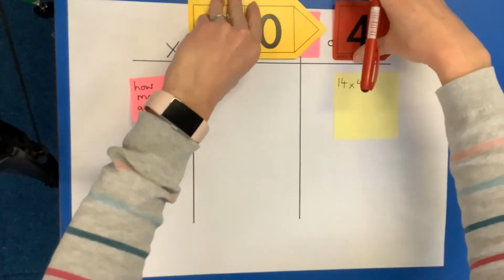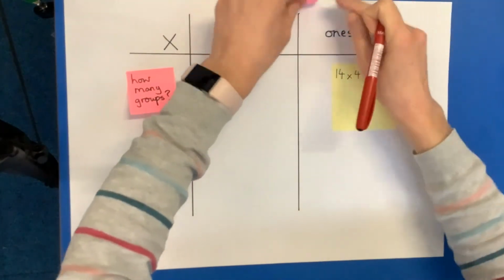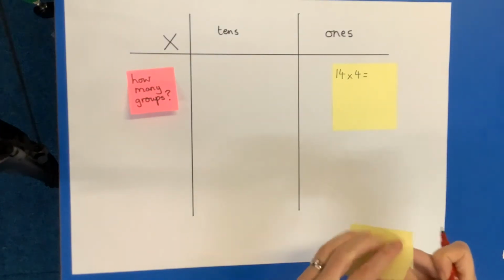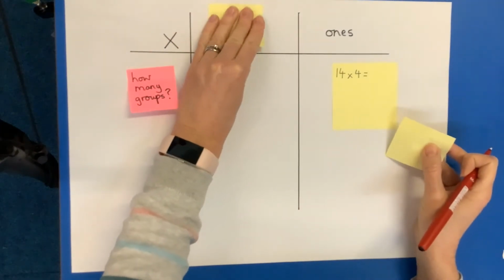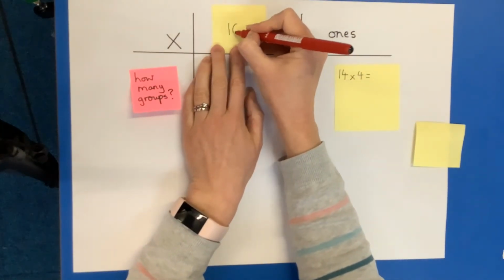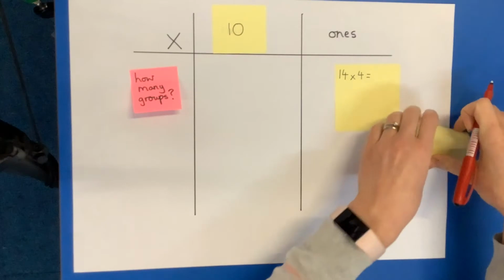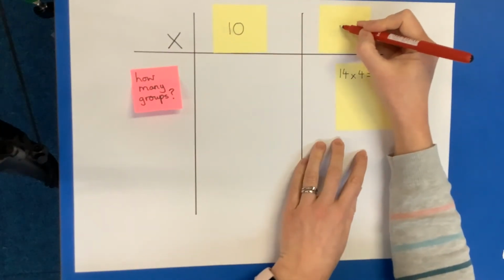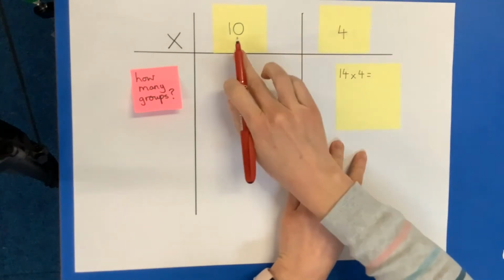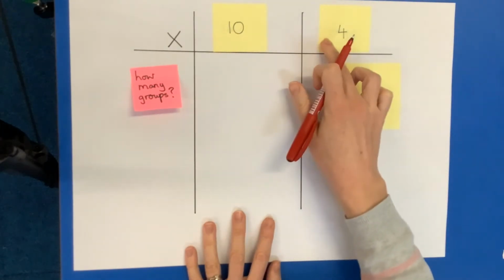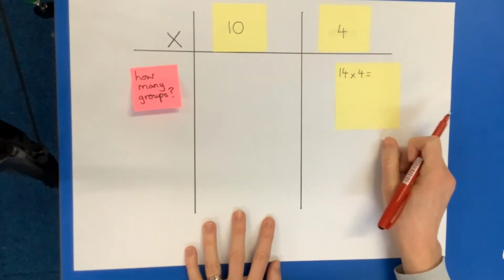So what we're actually going to do is put that into those columns. So instead of just putting a 1 to show that it's 10, I'm going to really clearly show that in that column I'm going to have 10, and in this column I'm going to have 4. So 1 ten, 4 ones is 10 and 4. 10 add 4 equals 14, as we know.